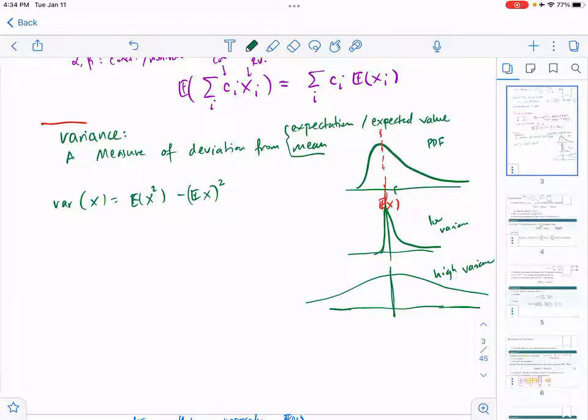Here x squared is inside the expectation, here it is outside. This is just the mean, sometimes written mu for the expectation. But this is usually not the definition. You can take it as a definition, it's equivalent, but there's another formula which is usually used.